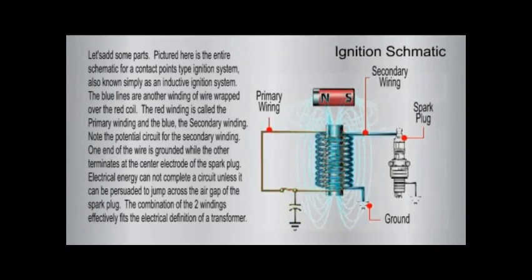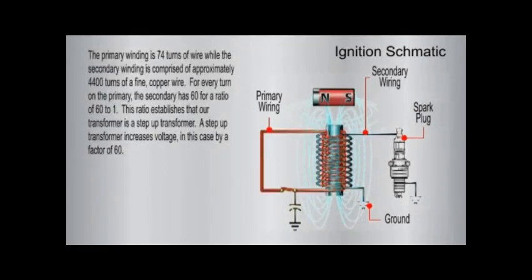One end of the wire is grounded, while the other terminates at the center electrode of the spark plug. Electrical energy cannot complete a circuit through the secondary unless it can be persuaded to jump across the air gap of the spark plug. The combination of the two windings effectively fits the electrical definition of a transformer. The primary winding is 74 turns of wire, while the secondary winding is comprised of approximately 4,400 turns of fine copper wire.